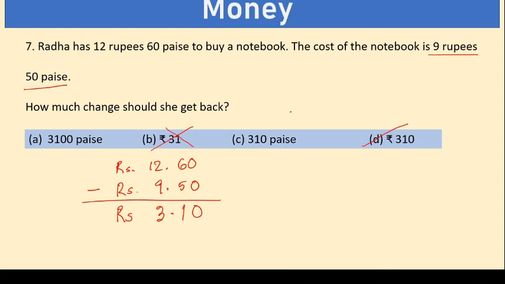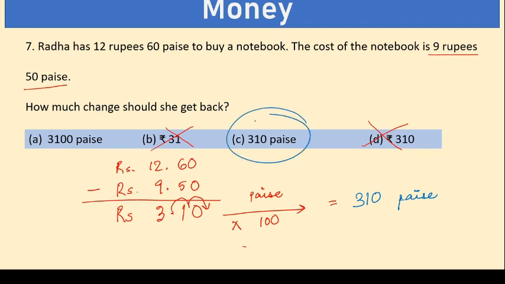Now to convert this amount to paise, remember we need to multiply the amount by 100. And multiplying any number by 100 is moving the decimal point to the right by the number of zeros. Now here there are 2 zeros, so the decimal point moves 2 places, making it 310 paise. So our answer is option C, 310 paise.